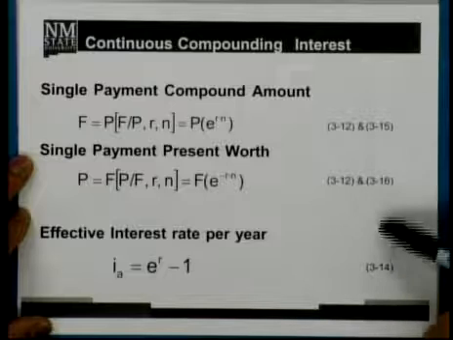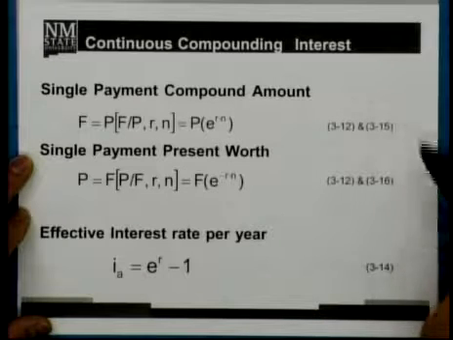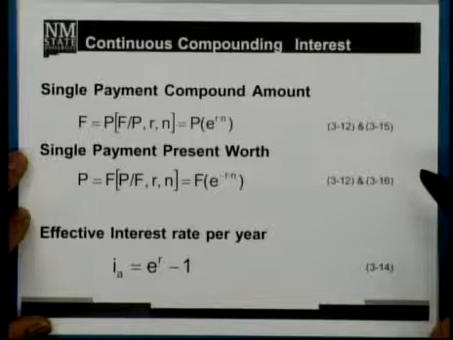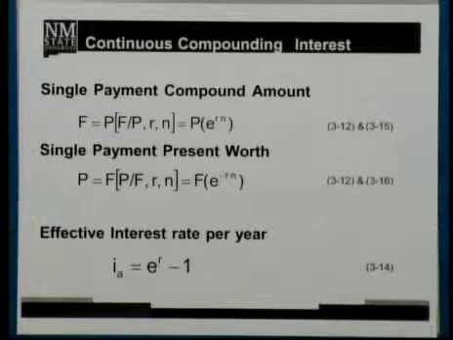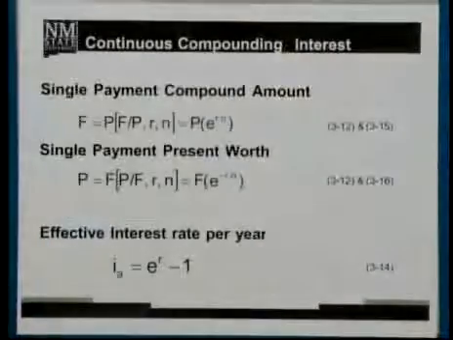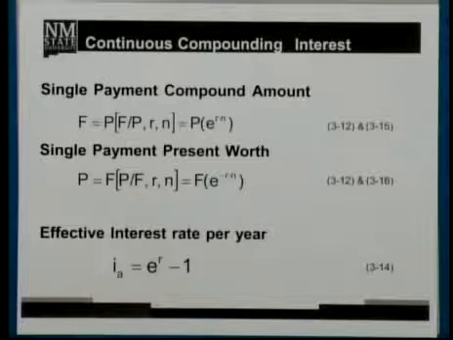And I'm not going to go through all the details of how to derive all these formulas in class. So please read through our text on pages 93 through 94. Okay?